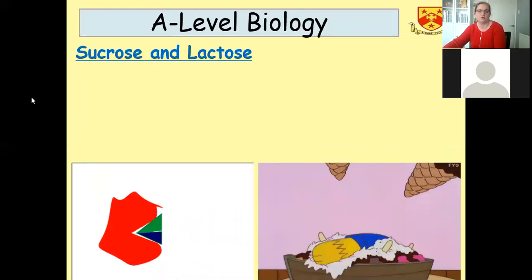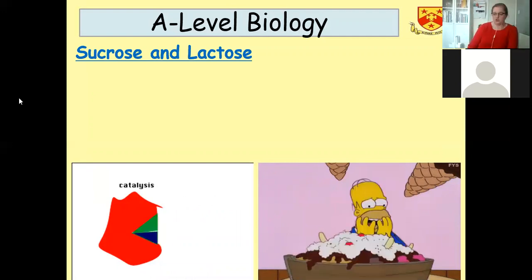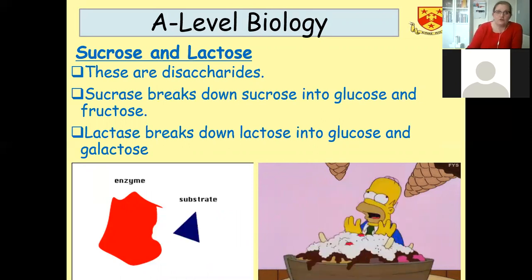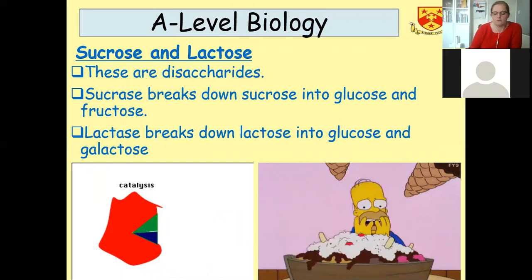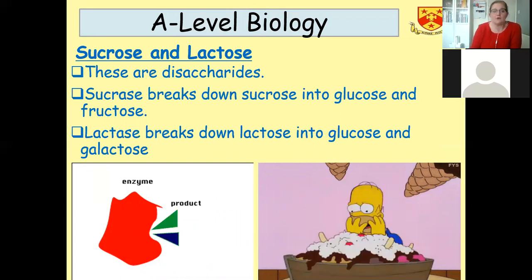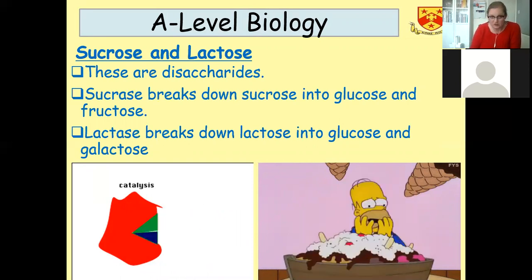So sucrose and lactose. Let's have a look at these two. These are disaccharides, sucrose and lactose. Sucrase breaks down sucrose into glucose and fructose.